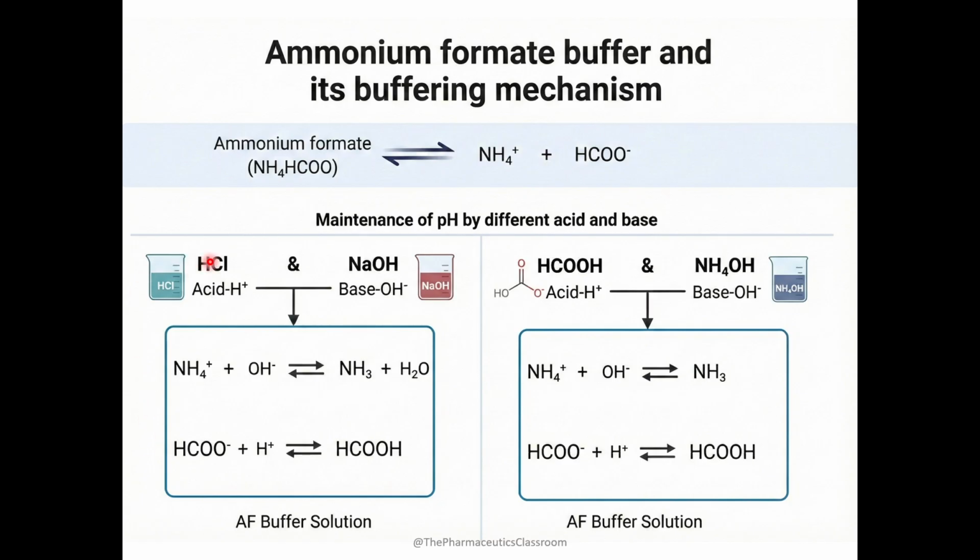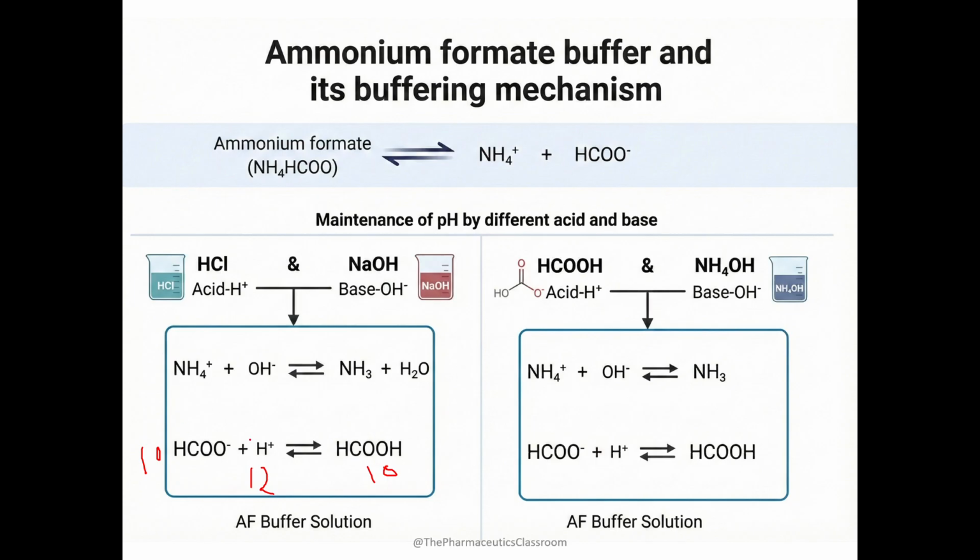If I'm adding 12 molecules of HCl, then 10 molecules of HCl will react with 10 molecules of formate and convert into 10 molecules of formic acid.